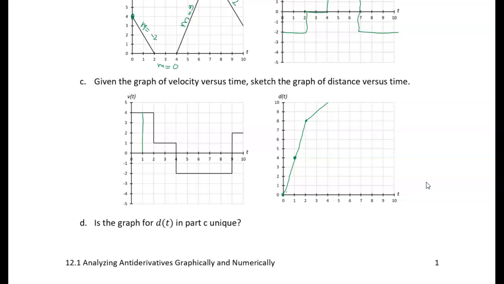But now remember, this area is negative. So this area between, say, 4 and 5, we're now going to subtract 2 over that next interval. And if we look at the next interval, we're going to go down another 2, and then another 2.